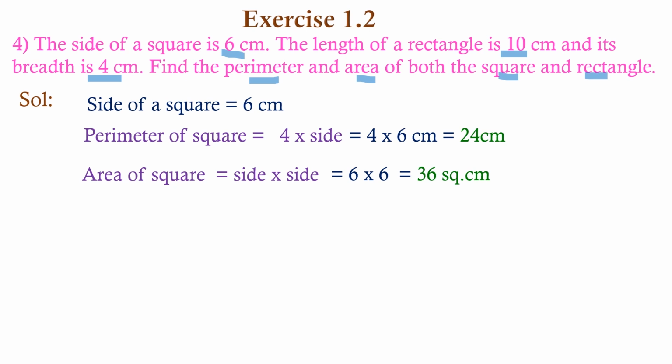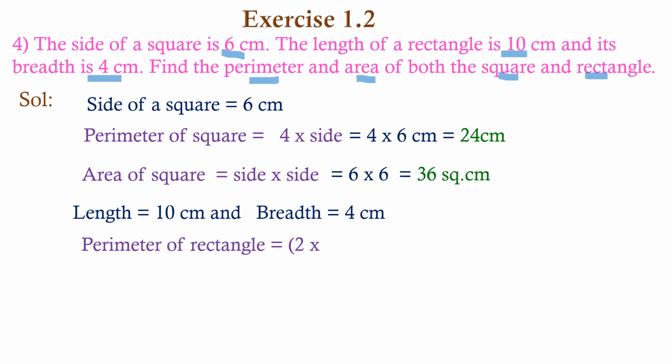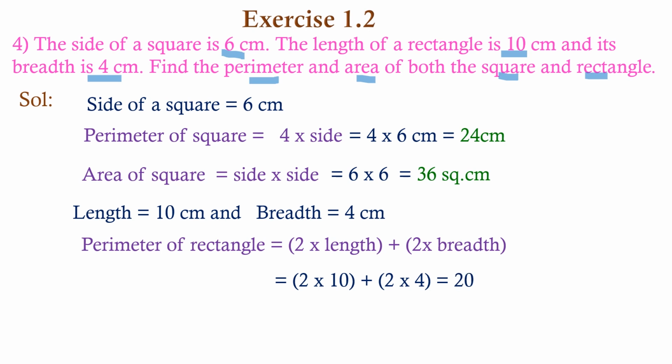Now we have to find out the perimeter and area of a rectangle. So write down the measurement of rectangle. Length equal to 10 cm and breadth equal to 4 cm. And the formula for perimeter of a rectangle equal to 2 into length plus 2 into breadth. Now substitute the values in this. 2 into 10 plus 2 into 4 is equal to 2 tens are 20 plus 2 fours are 8 cm.